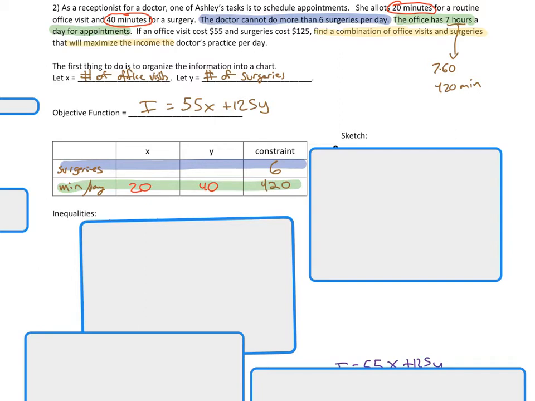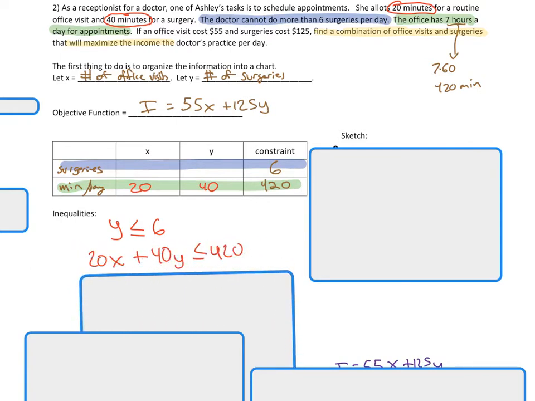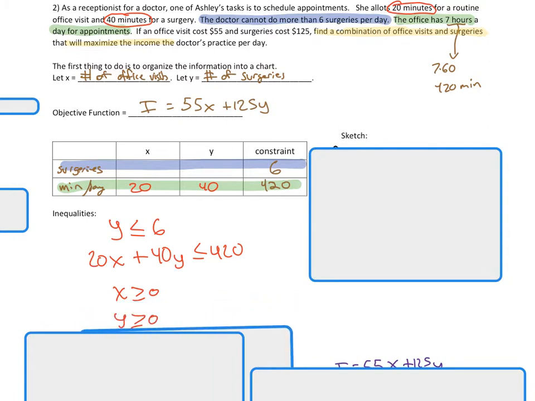Surgeries can't be more than 6, so y has to be less than or equal to 6. And then my minutes per day, 20x plus 40y has to be less than or equal to 420. And then we have x is greater than or equal to 0 and y is greater than or equal to 0. We need our boundaries on it because we can't have negative surgeries or office visits.